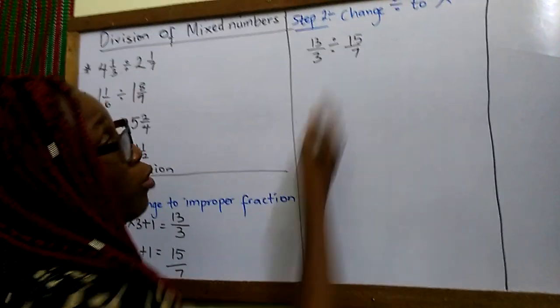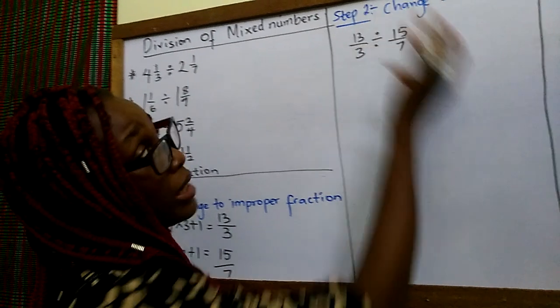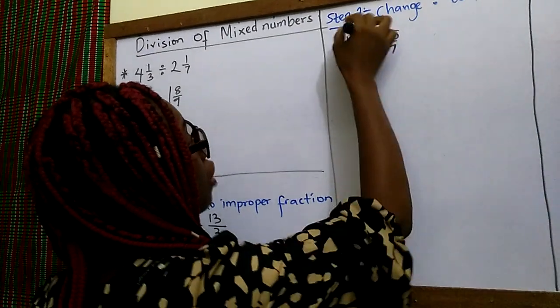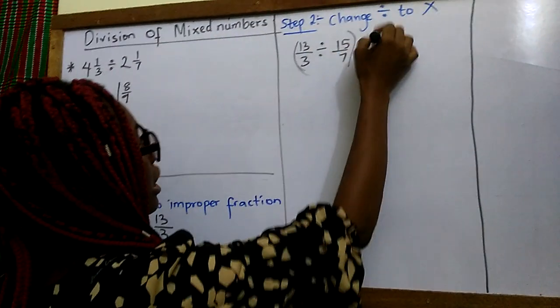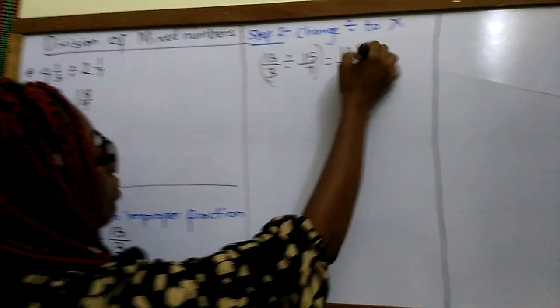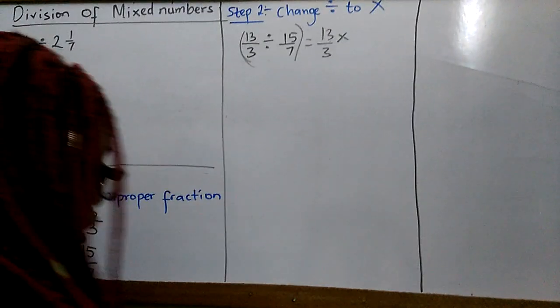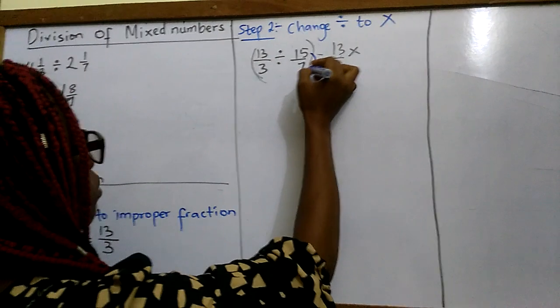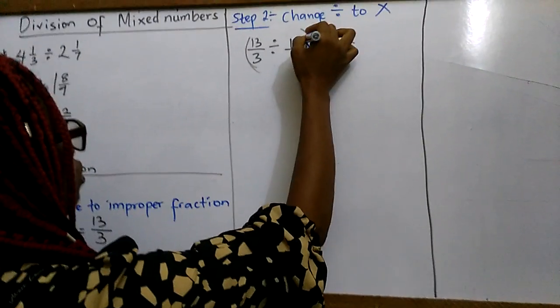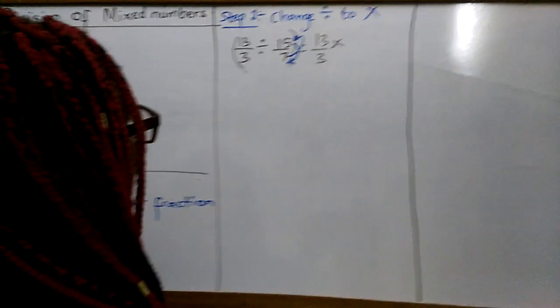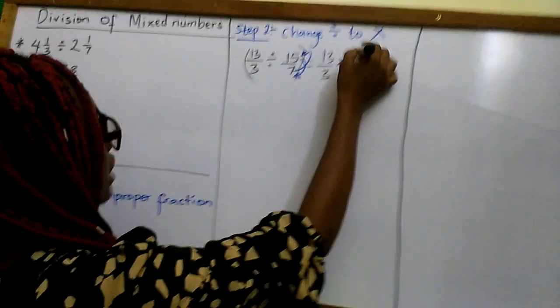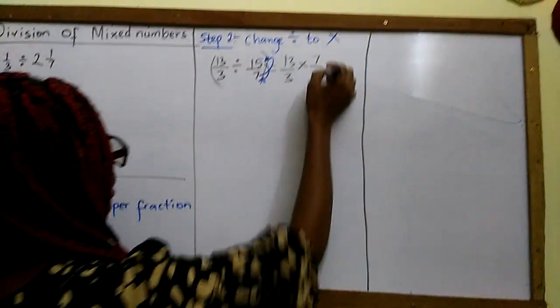This is not proper because we can't solve using divide divided by divide. So we have to change this to 13 over 3 times. The moment you change divide to times, the numerator comes down and the denominator goes up. So in that case, we have 13 over 3 times 7 over 15.